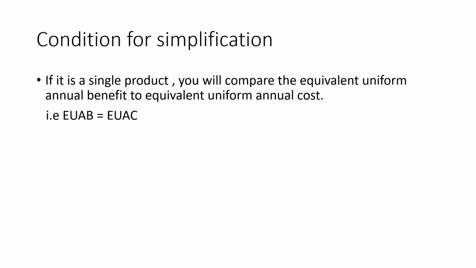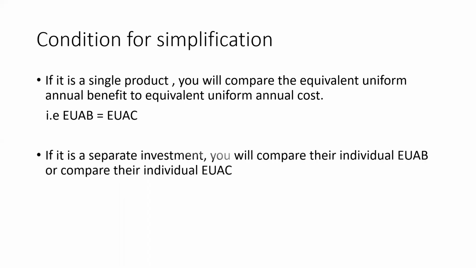But most times you'll be given those values in annual, so you don't really have to go through the stress of converting to annual. So if it is a single product, you will need to compare the equivalent uniform annual benefits to the equivalent uniform annual cost. But if it is separate investment, you will need to compare their individual equivalent uniform annual benefit, or you also compare their individual equivalent uniform annual cost.